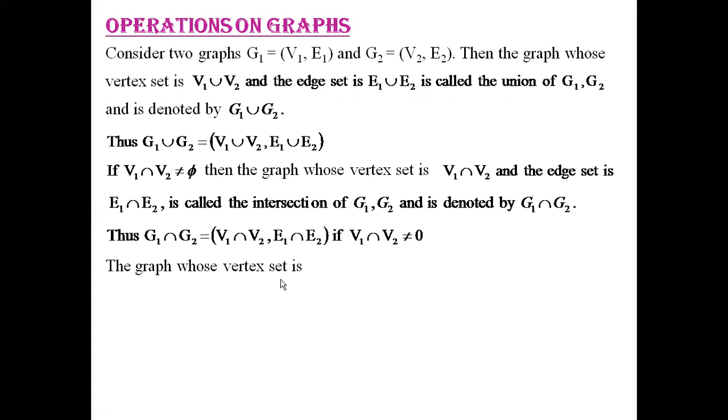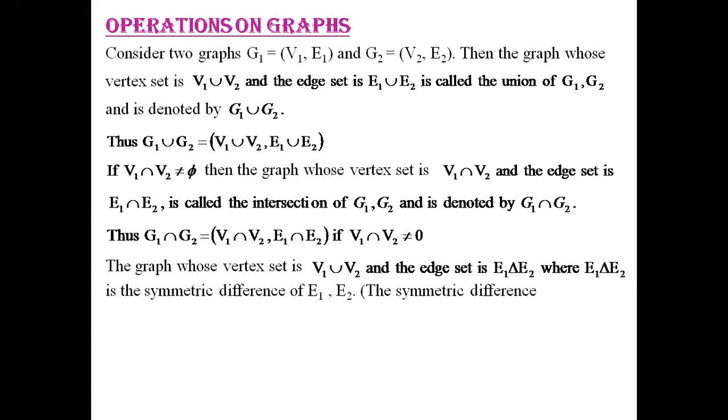The graph whose vertex set is V1 union V2 and the edge set is E1 delta E2, where delta denotes the symmetric difference. When reading this, instead of reading it as delta, we read it as E1 symmetric difference E2.